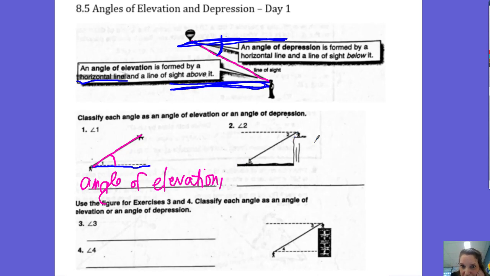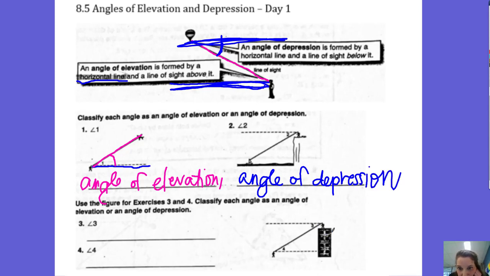So this is an angle of depression. Okay, person standing on top of the building, looking below him to the person on the ground. Here's my horizontal line, my line of sight. Angle 3 is an angle of depression.